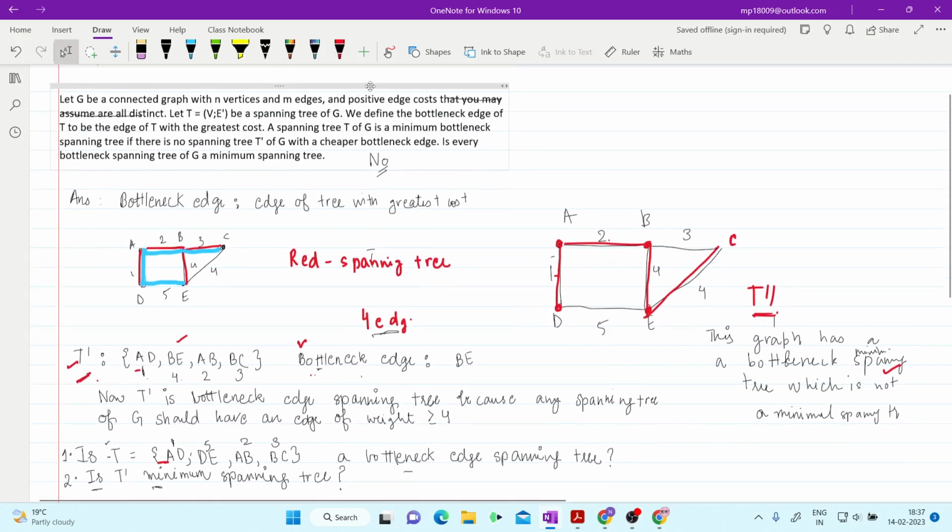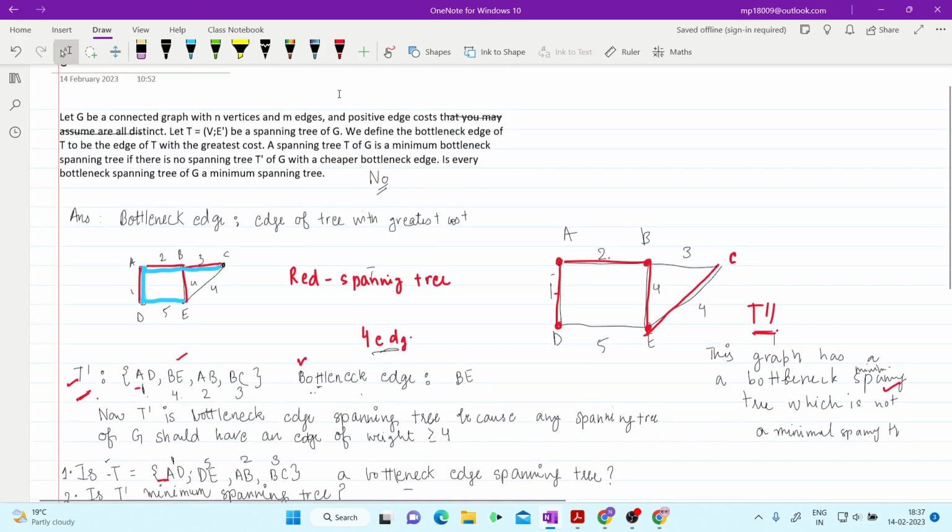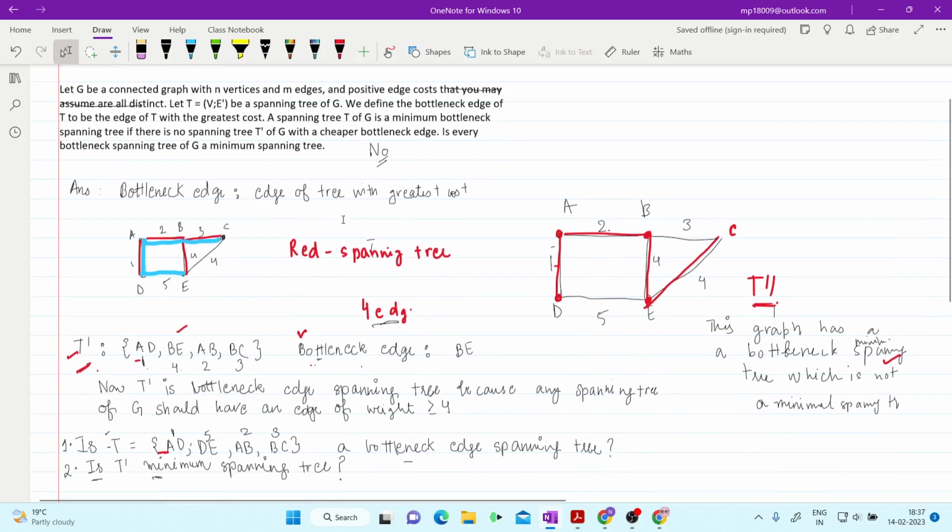Ma'am, how are you saying that it is not a minimal spanning tree? Once again, please explain.